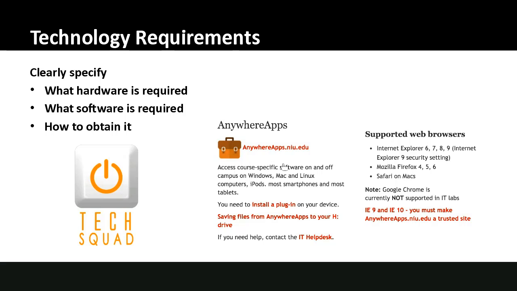If one of these software tools you're using is available in Anywhere apps, which is something we have here at NIU, let the students know that's where they can download it. It's going to be something that's free for them to download, so that's definitely more accessible for your students.